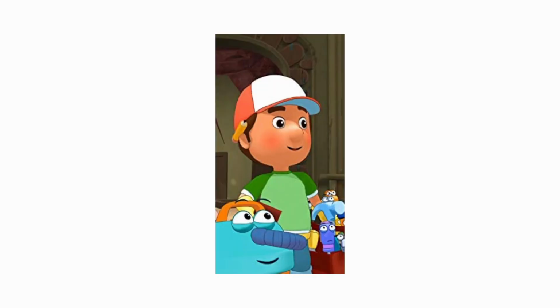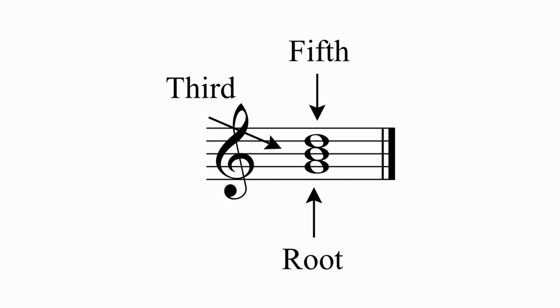So let's start off with a triad, which, it doesn't get easier than this. Let's talk about the three parts. At the bottom is the root. That'll be which chord it is, which I played a C, so that would be a C major chord.